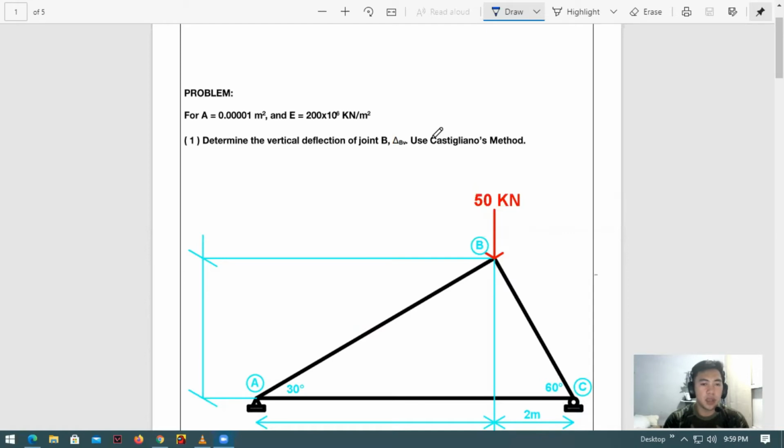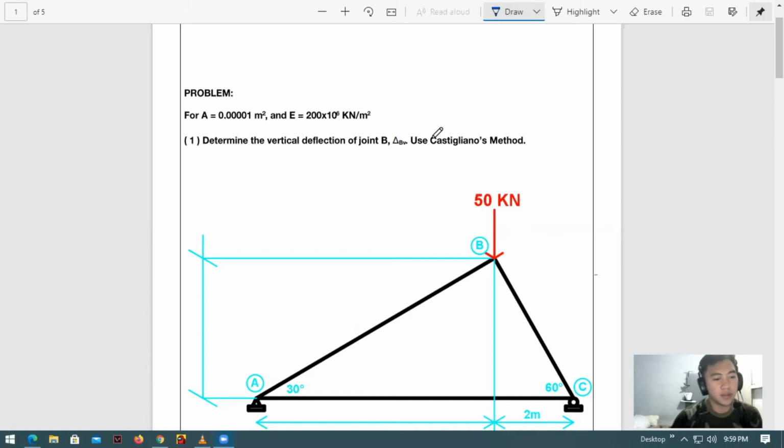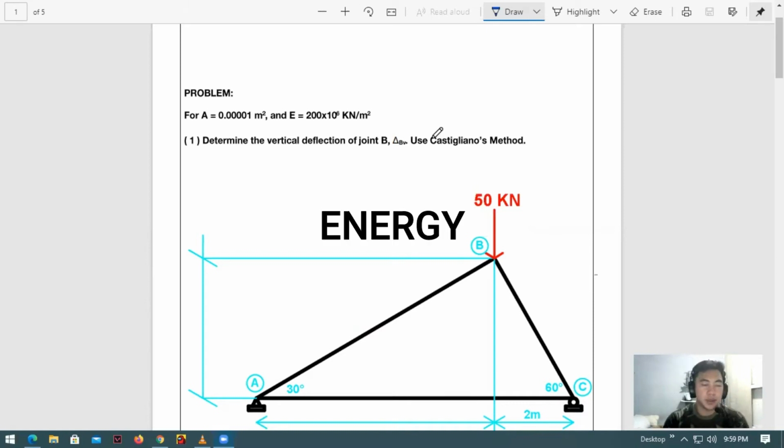Castigliano's method or theorem gives the deflection as the partial derivative of strain energy with respect to fictitious loads.